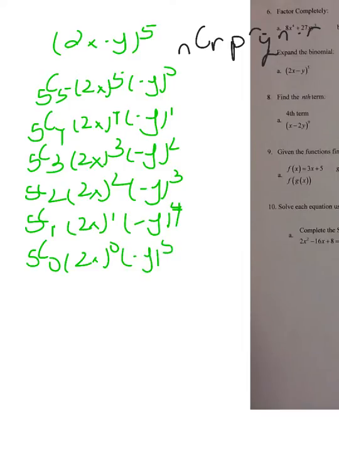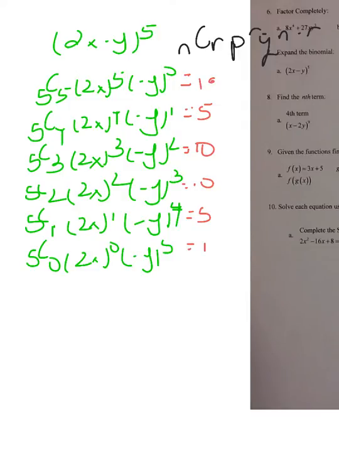Okay, so we have now 5C5 is 1, 5C4 is 5, 5C3 is 10, 5C2 is 10, 5C1 is 5, and 5C0 is 1.